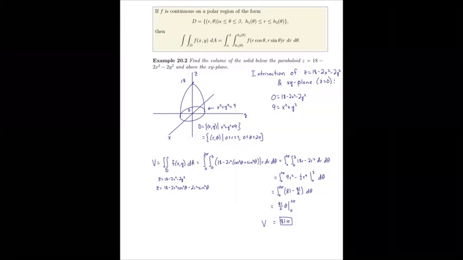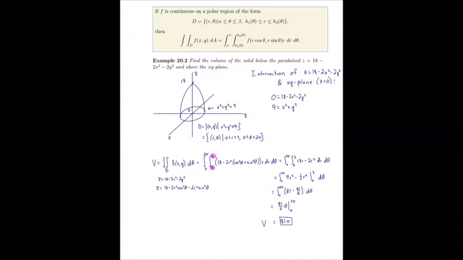Okay, so the integral over D of f of xy dA per infinitesimal area is from 0 to 2 pi, so that's our angle. Now our function r of theta is, well, it's just a constant function of theta. We're going to go from 0 to 3 along these radial lines.